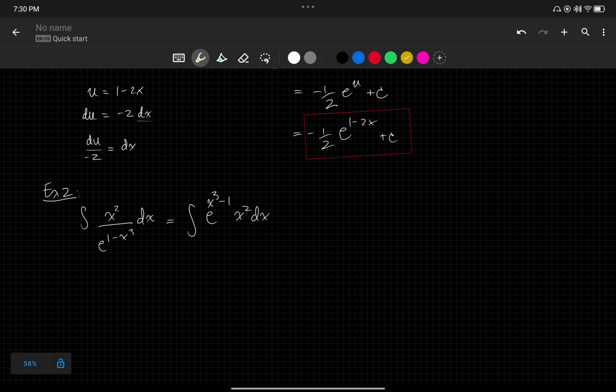If it's not so clear, let me do it for you over here on the side, like a little side note. All right, if you had 1 over e to the x, and then you bring it upstairs, e to the negative x, that means that the exponent is opposite.